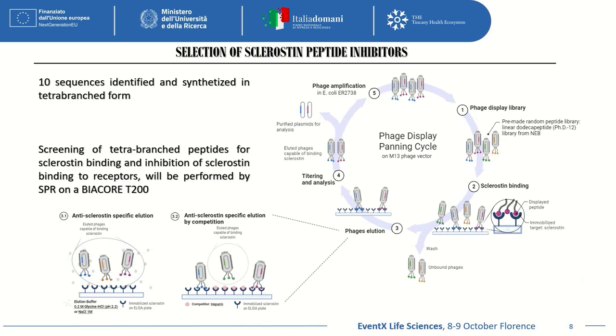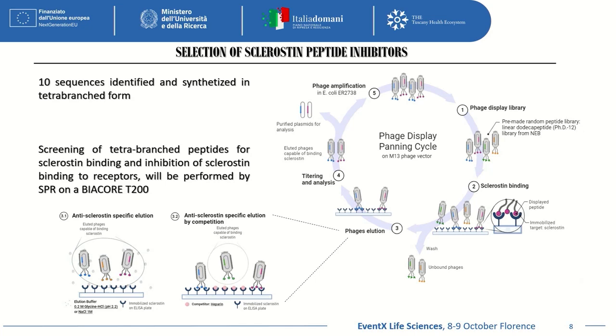One was the classical selection by elution buffer by pH, and the other one was a competitor panning, because sclerostin is a heparin binding protein, and it binds to LRP receptor, and as many binders of the LRP receptor, they also bind to heparin. So they are heparin binding proteins. So we also performed a selection by competition.